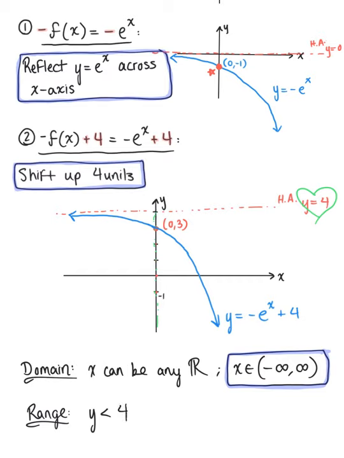But again, that's our inequality notation. We want our final answer in interval notation. So we can say here that y is an element of the interval from negative infinity up until and excluding 4. And so there you have it. This is the domain and range of our transformed natural exponential function in interval notation.